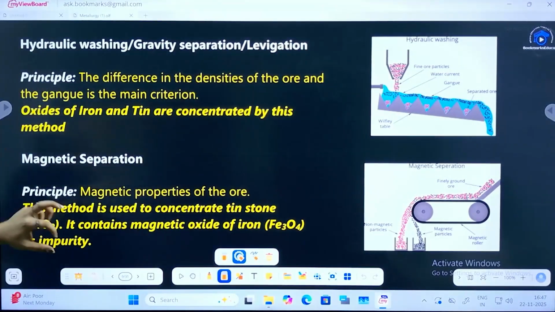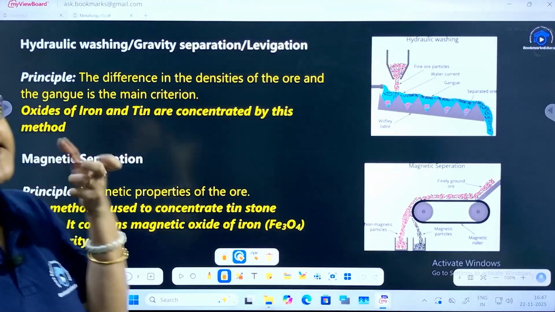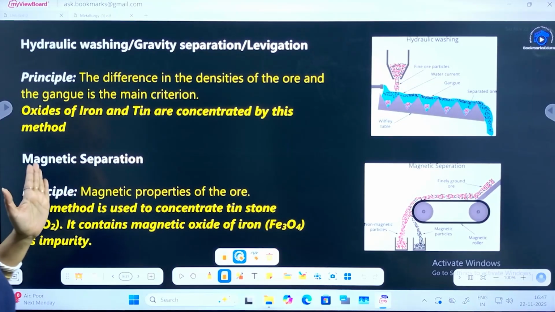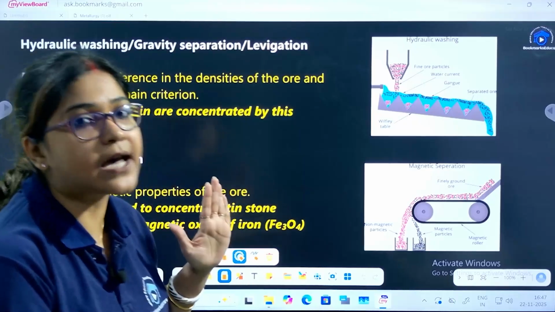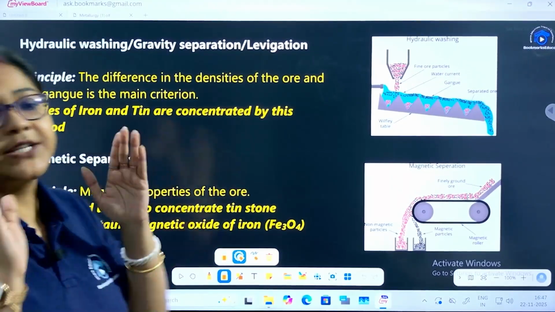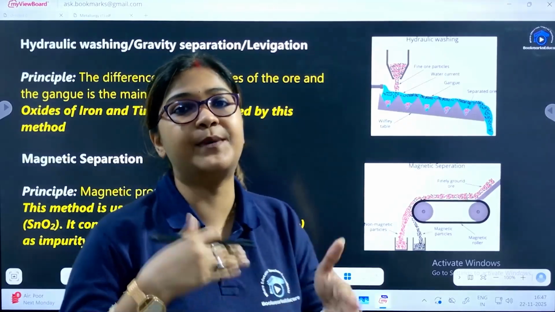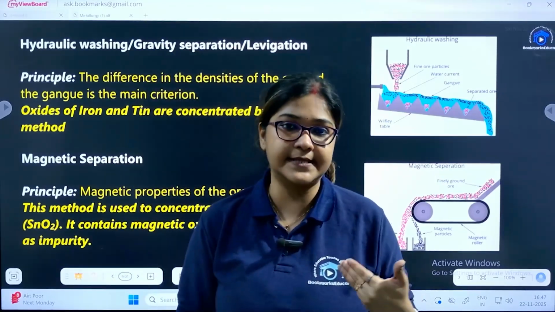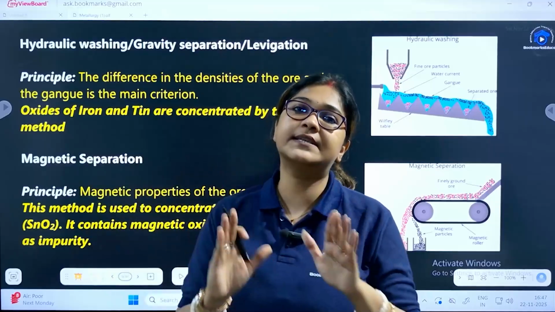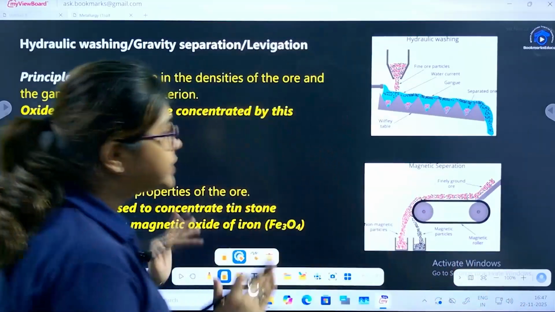The principle used in this method of ore dressing is the difference in densities of the ore particle and the gangue material. Because there is a difference in density between the ore and the gangue particles, you use this gravity separation.